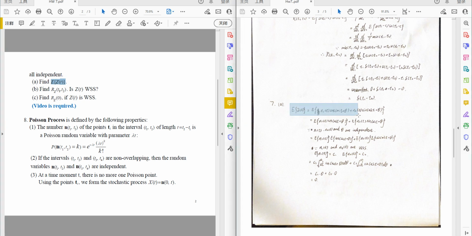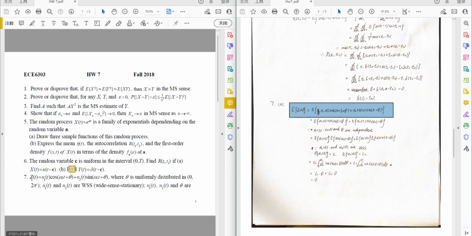We first use the given expression of Z(t) to replace it in the expectation, and so we can get this. Now we can divide it into two parts, and the cosine, N1 and N2, and theta are independent.